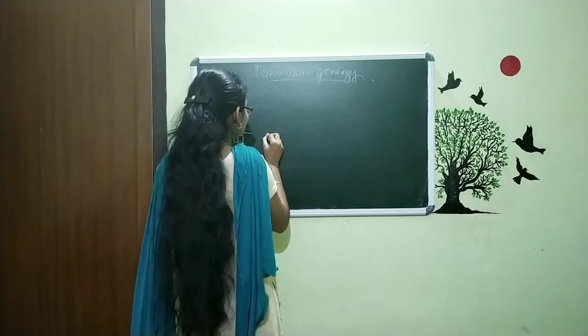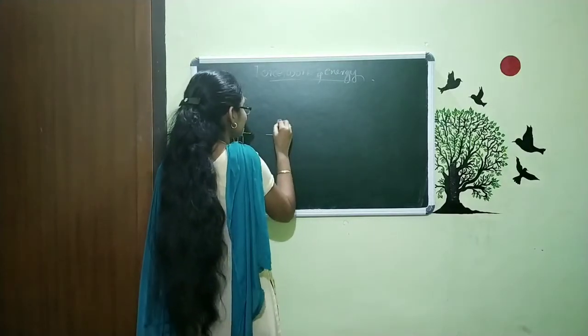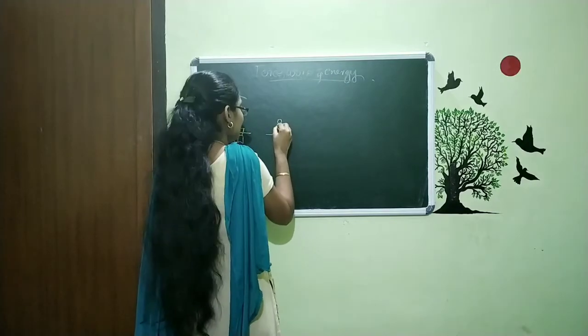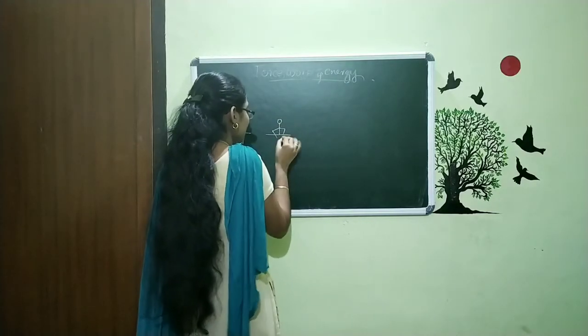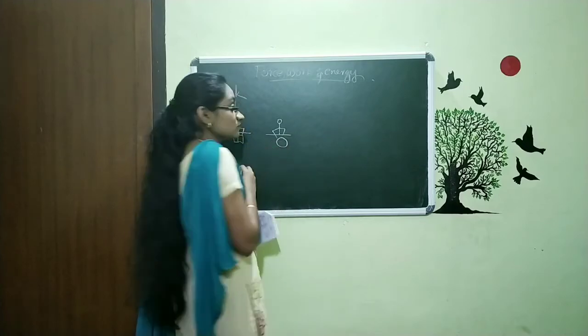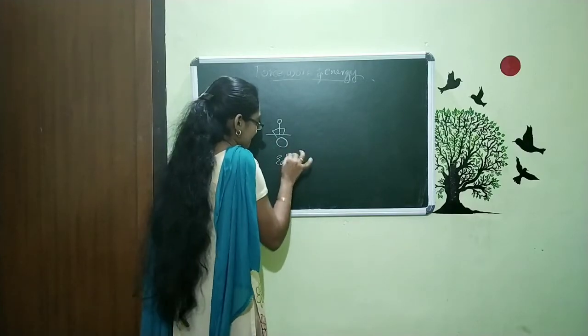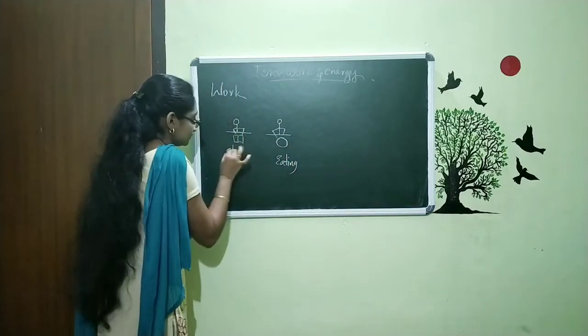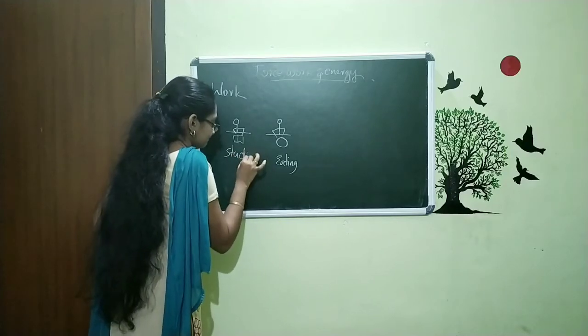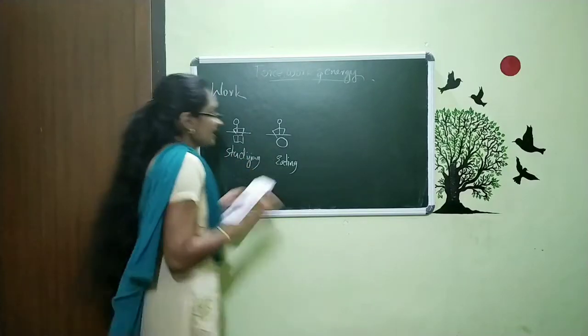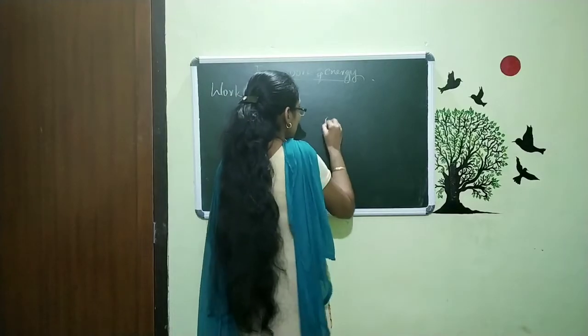And then the next is one girl sitting near a table and eating some food. And what's the third picture?